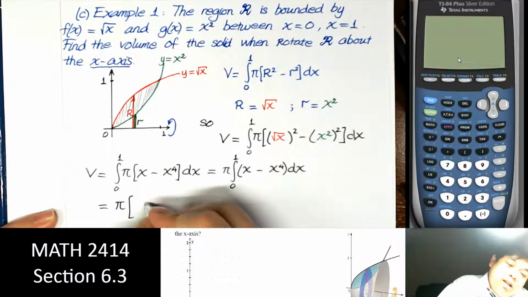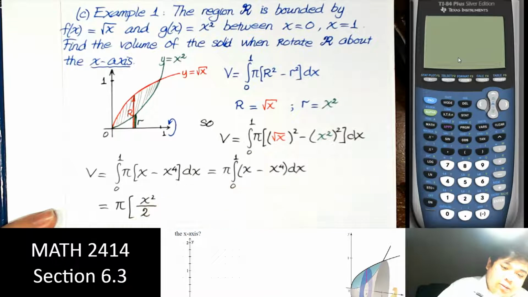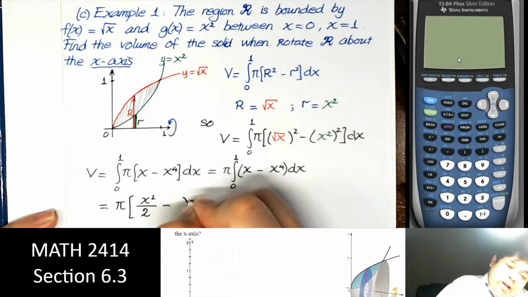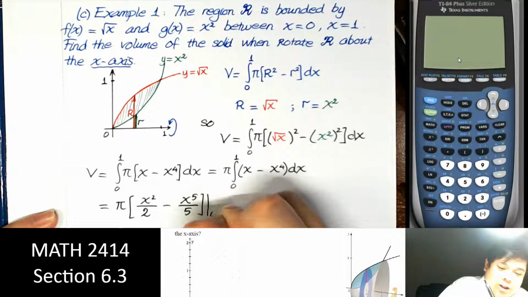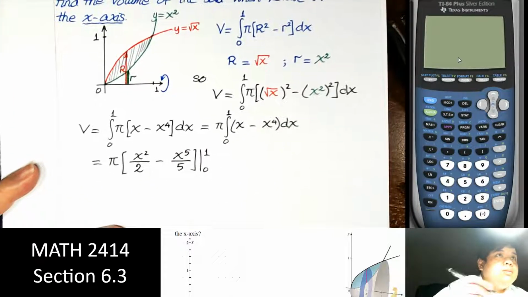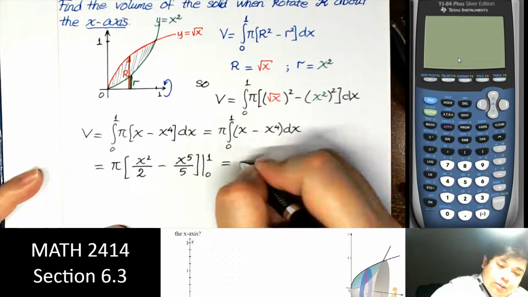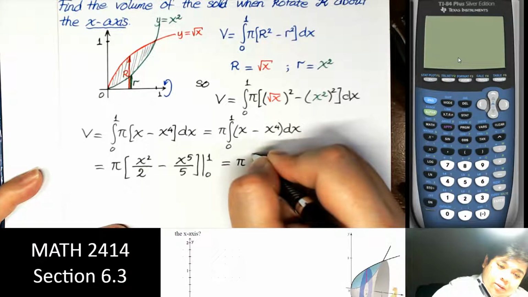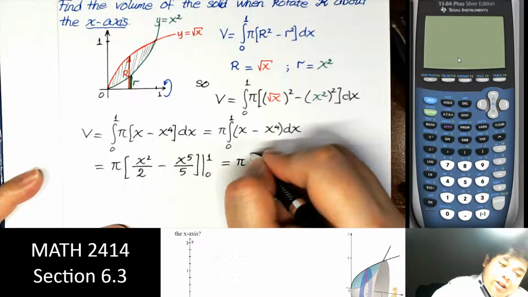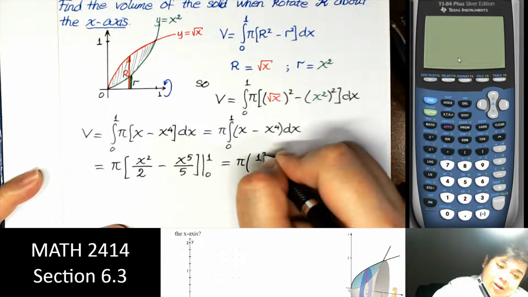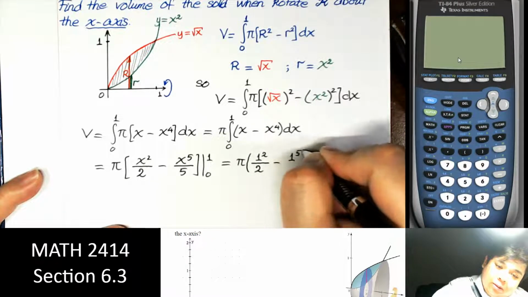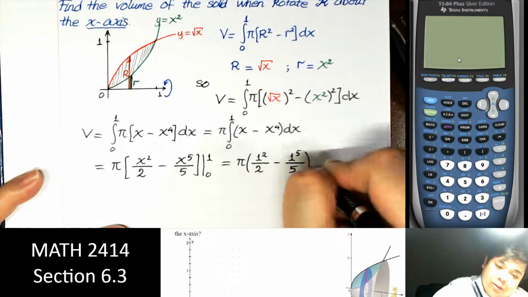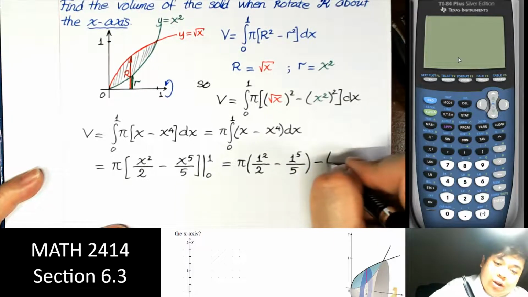So the integral of x to the first is x squared over 2. The integral of x to the 4th is x to the 5th over 5. Integral from 0 to 1. Now we're going to put 1 into it, and then subtract when we put 0 into it.